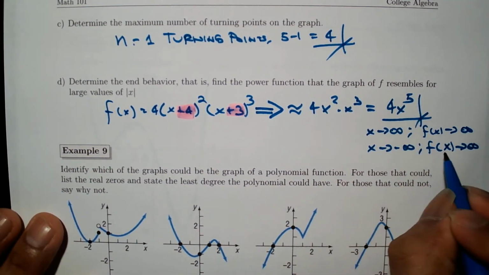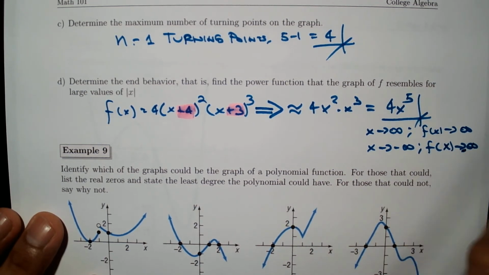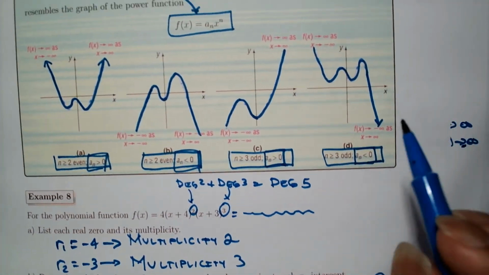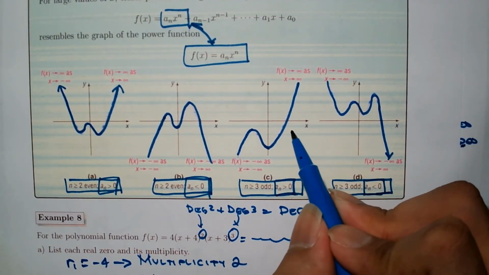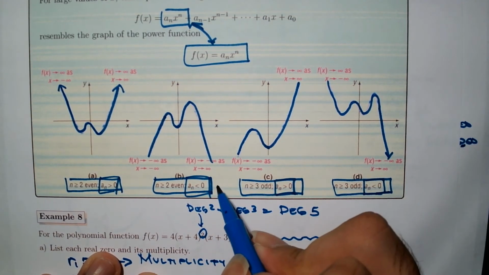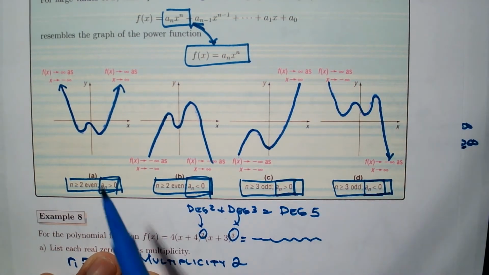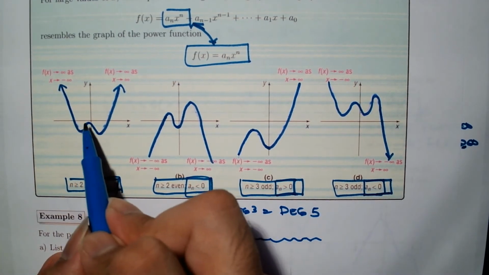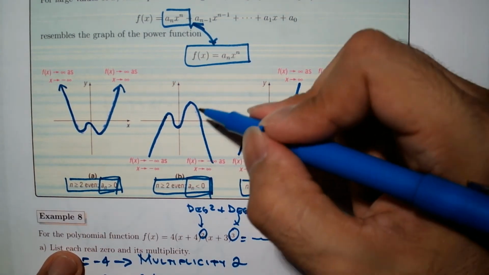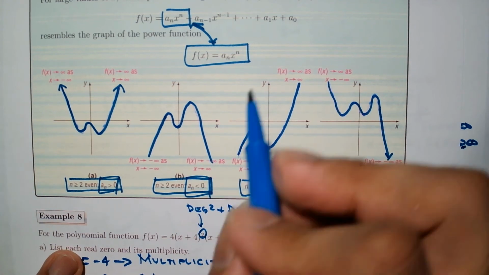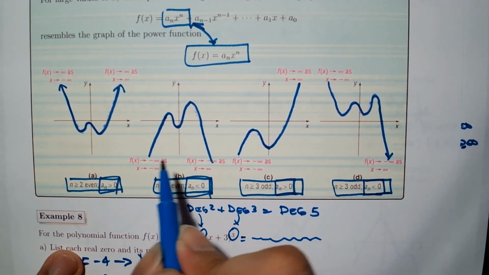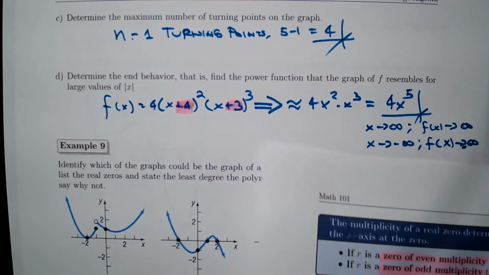Never mind. It was an odd. I was looking at the even for some reason. So it's going to be this third case right here. Positive values of x, positive values of y. Negative values of x and negative values of y. That's all this chart reduces to. In summary, for a negative leading coefficient, for both positive and negative values of x, we get negative values of y. All right.